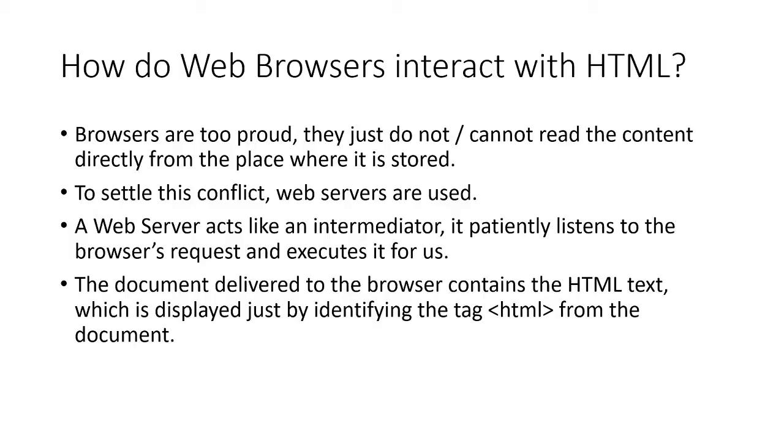The document delivered to the browser contains the HTML text, which is displayed just by identifying the HTML tag. Once this HTML tag is received by the browser, the file that contains this document is sent to the browser, and it displays the content in the file.